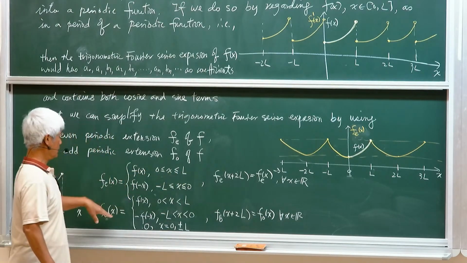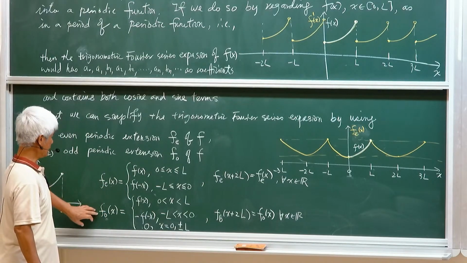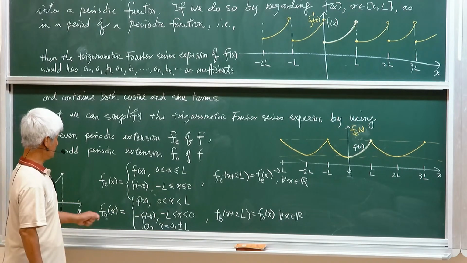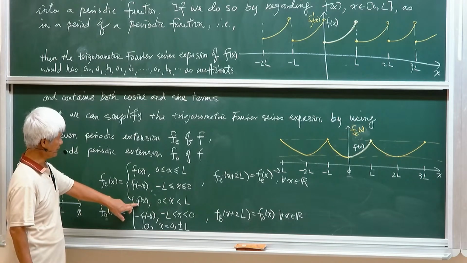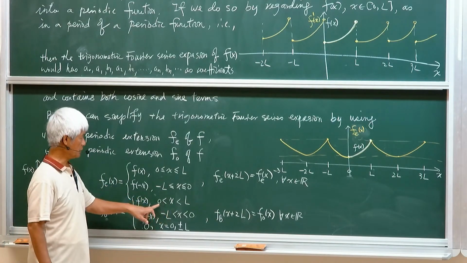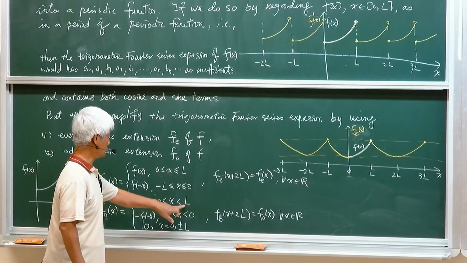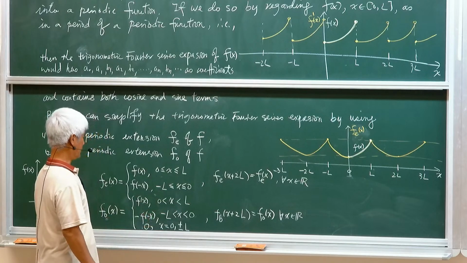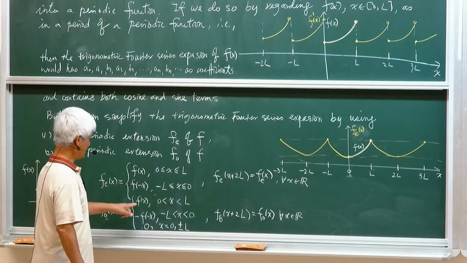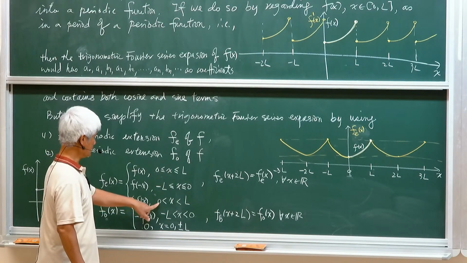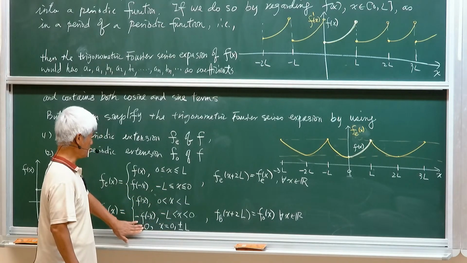But for the odd periodic extensions, you are guaranteed that this function value is equal to f of x when x is in between 0 and L, but it may not include either endpoint. And they will be the same if and only if f of x is 0 at x equals 0 and at x equal to L, because this is the requirement here.